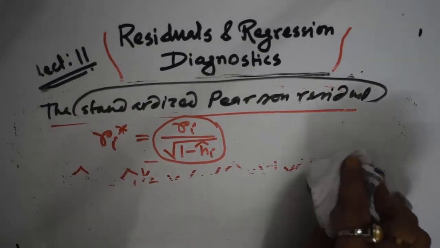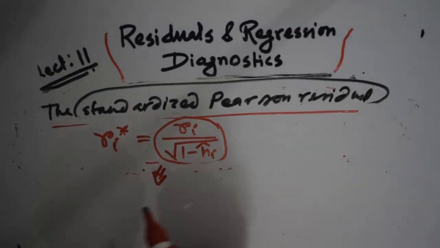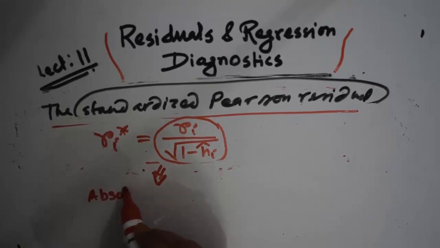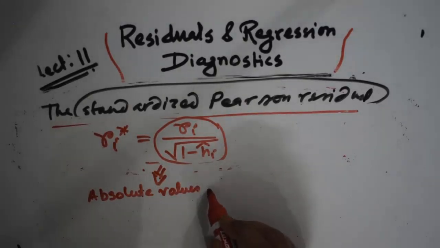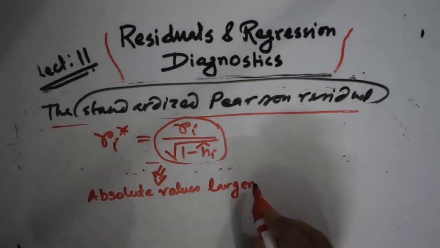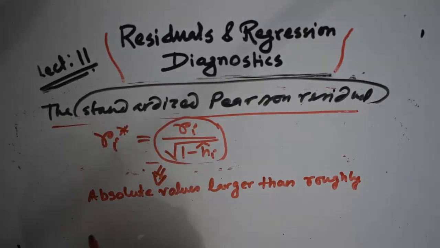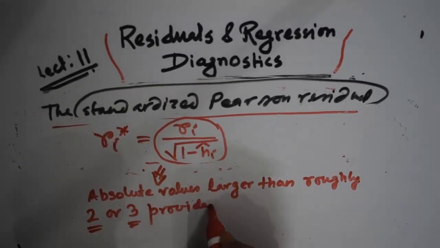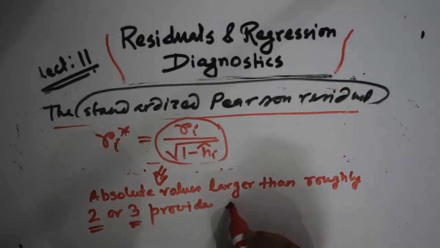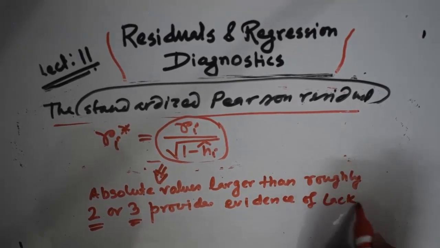Now, if this absolute value is larger than roughly 2 or 3, depending on your choice, it provides evidence of lack of fit.